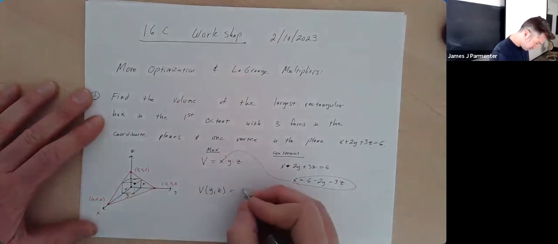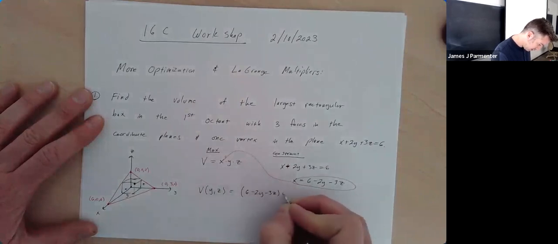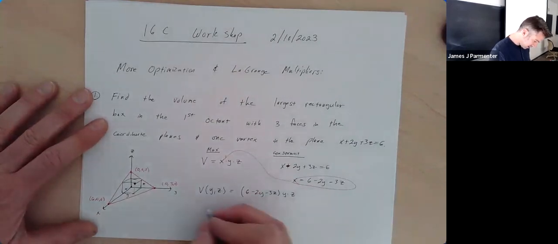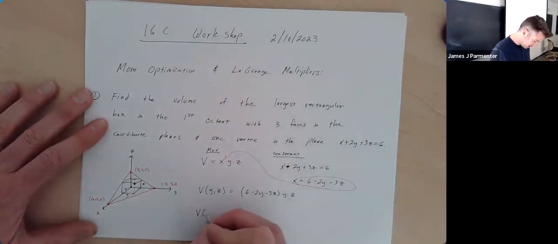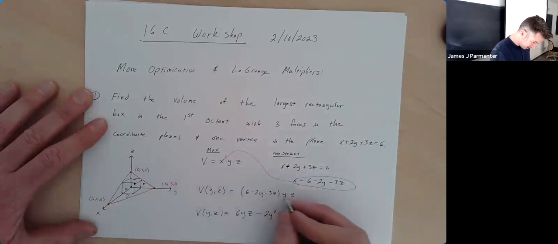That equals 6 minus 2y minus 3z times y times z. Multiplying this out, our volume as a function of y and z is 6yz minus 2y squared z minus 3yz squared.